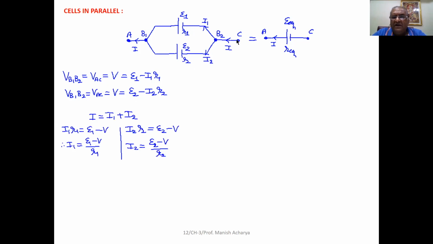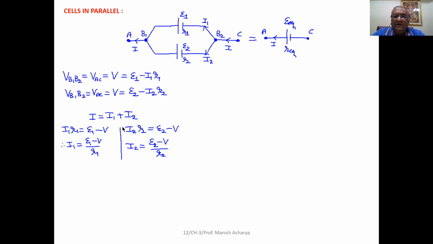Now, here total current I enter to this particular junction, and I1 and I2 are coming out from the junction. So we can write I equal to I1 plus I2.